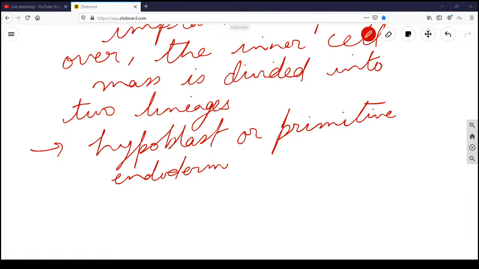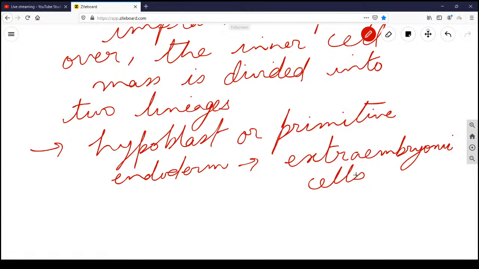These cells will form the extra-embryonic cells, like the inner layer of the placenta, not the real embryonic structure. If you remember, a few classes ago I explained that the inner cell mass forms both the extra-embryonic and the intra-embryonic, or embryonic, structures.